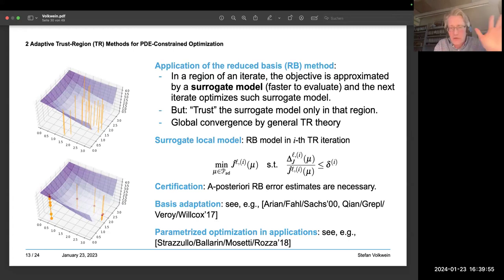So we have a surrogate model by the reduced basis. It's only necessary that this surrogate reduced order model is good in a neighborhood to have a good estimate of the descent direction for the optimization. And in the trust region model, it looks like this, that you have the trust region radius here, and the error is quantified by error estimation.